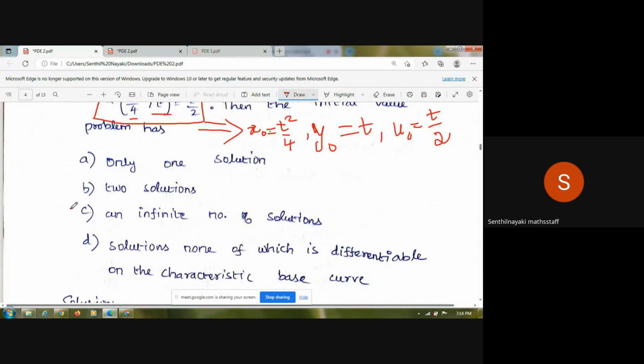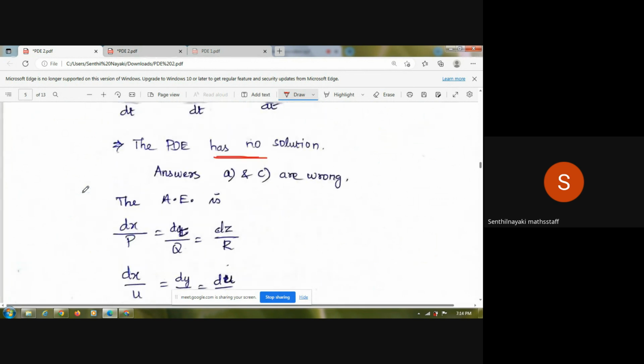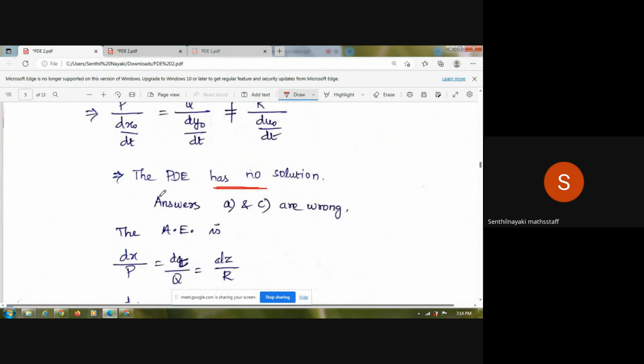Infinite number of solutions and only one solution. Okay, let us discuss. So no solutions means these two are wrong. No unique solution.